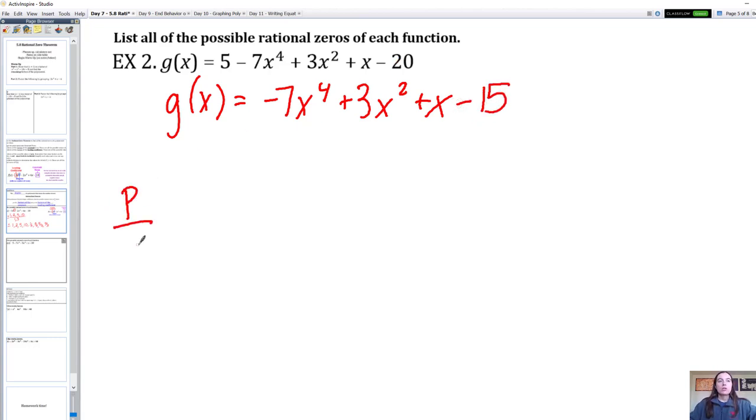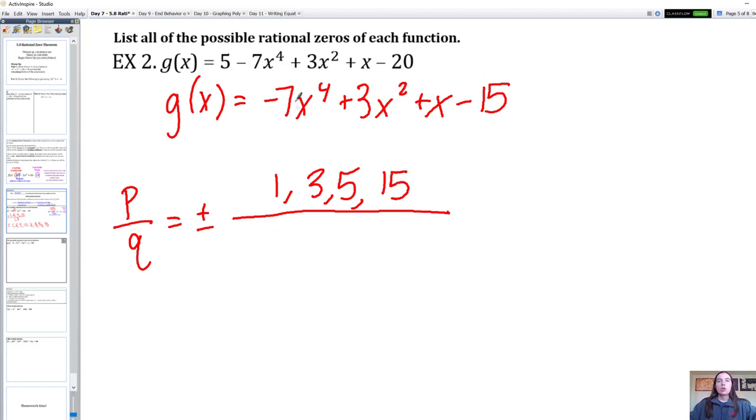So now P over Q is going to be plus or minus some fraction. For P, I need the factors of the constant, which would be 1, 3, 5, and 15. Q would be the factors of this negative 7, which are 1 and 7. Again, we're just worrying about 1 and 7, not the negatives.